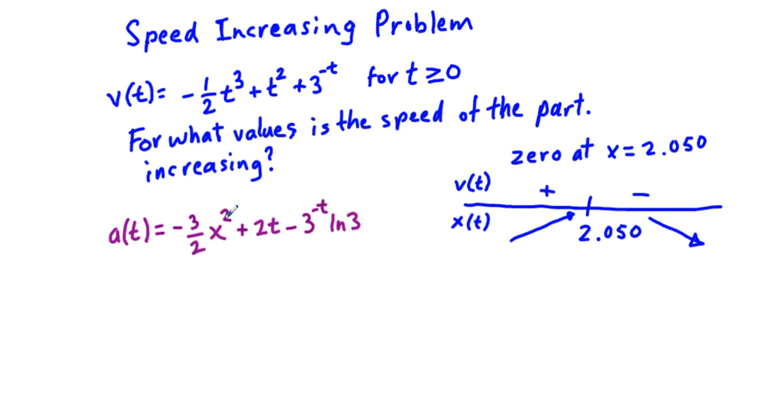But to analyze the acceleration, we have to take the derivative of the velocity. Well, these first two terms, this -1/2 t cubed and t squared, we know how to take the derivative of.